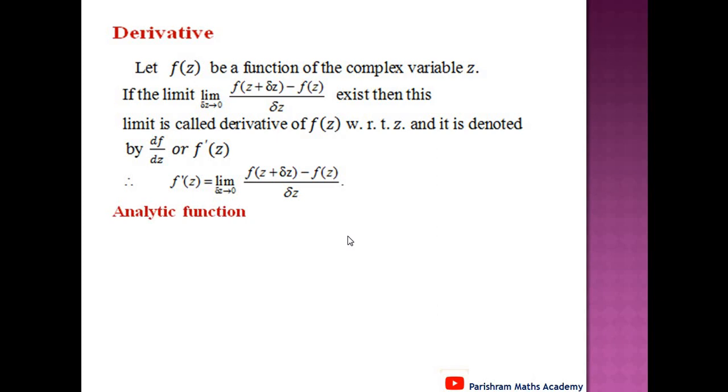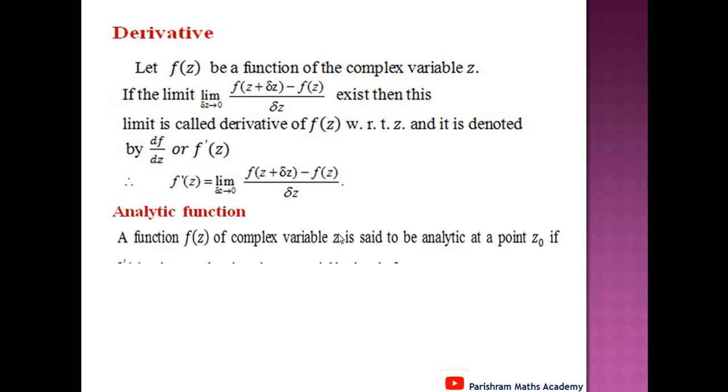Next, definition of analytic function. A function f of z of complex variable z is said to be analytic at a point z naught if f dash of z exists at each point z in some neighborhood of z naught. It means at each point in the neighborhood of z naught the value of f dash of z exists. It means function f of z is differentiable in the neighborhood of z naught.